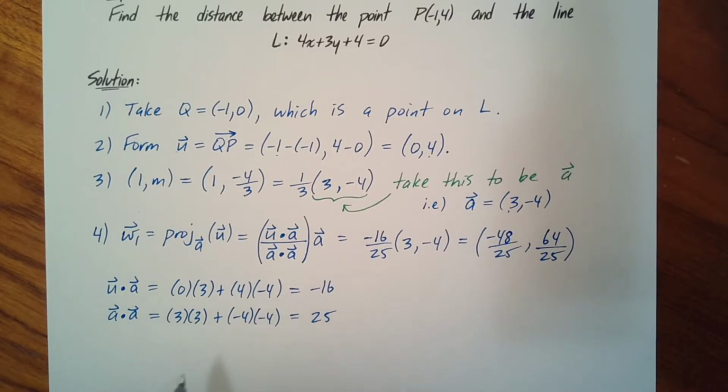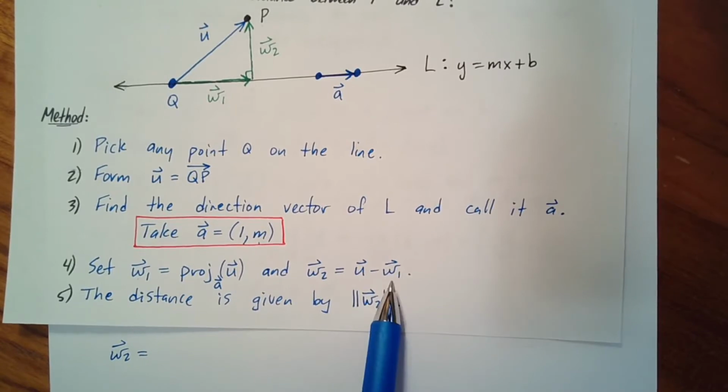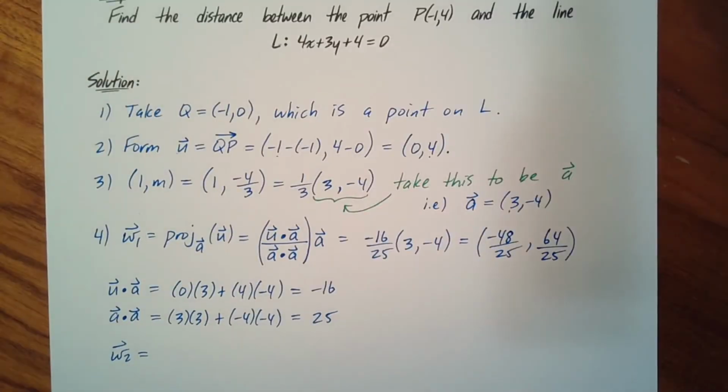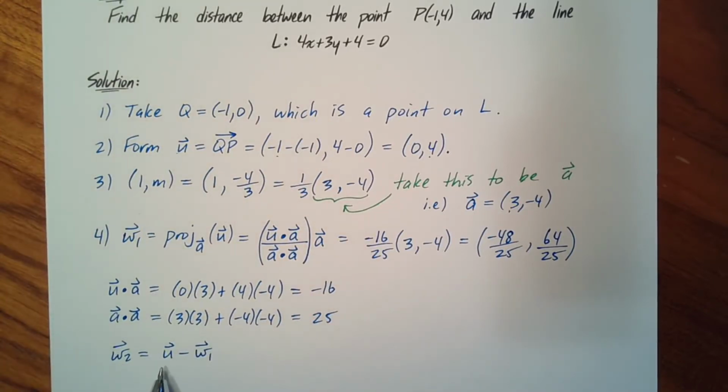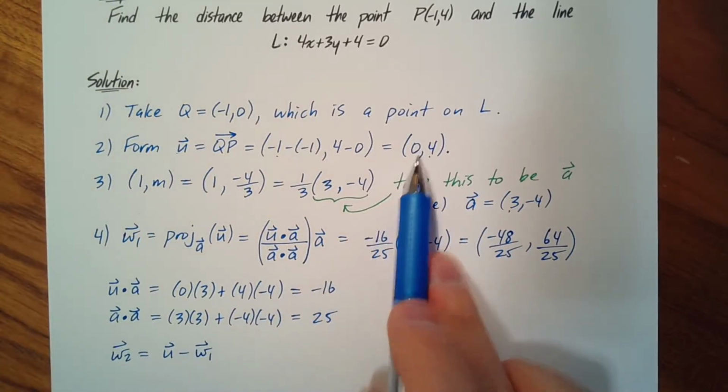And now we can go ahead and calculate W2. Just a quick reminder, it's going to be U minus W1. So that's what we're going to do here. Now U was, again, just 0, 4.